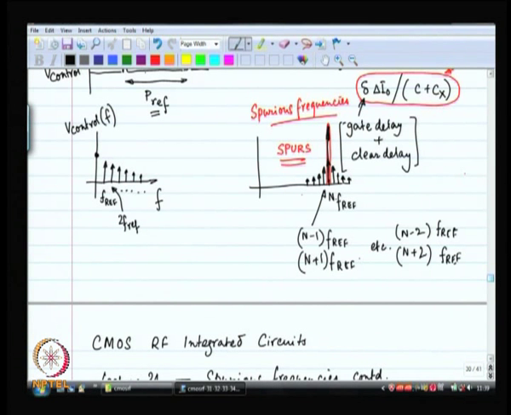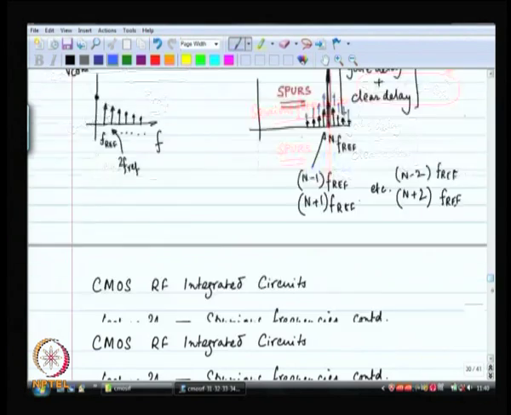Spectrum will look exactly the same, except for the fact that in the fractional n the spurious frequencies will be larger. Why will the spurious frequencies be larger? Because they are within the loop. Okay.